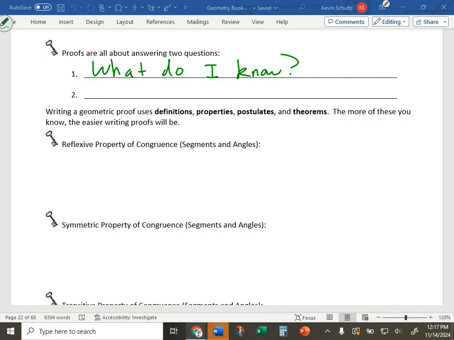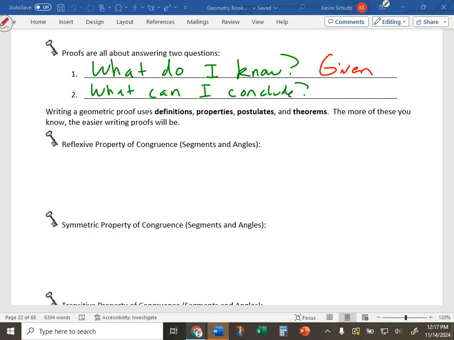And that's where the given statement comes in, right? This is where you look at the given statement or what's marked in the diagram, and that's why every proof starts with that given statement. What do you know? What are you told? And then the second question when writing a proof is what can I conclude?